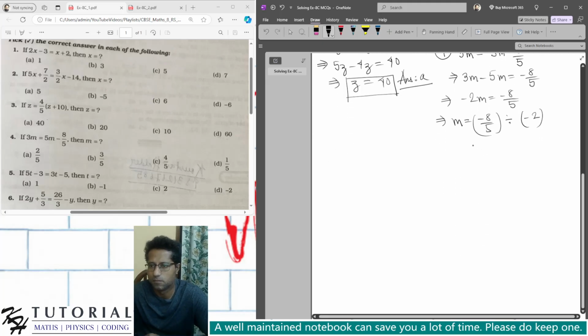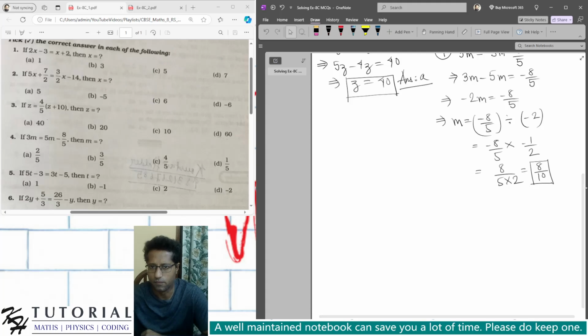This is equal to minus 8 by 5 multiplied by the reciprocal of minus 2, that is minus 1 by 2. Minus minus cancels out and we get 8 by 5 multiplied by 1 by 2, which is equal to 8 by 10. So 8 by 10 is the solution or root of the given equation.